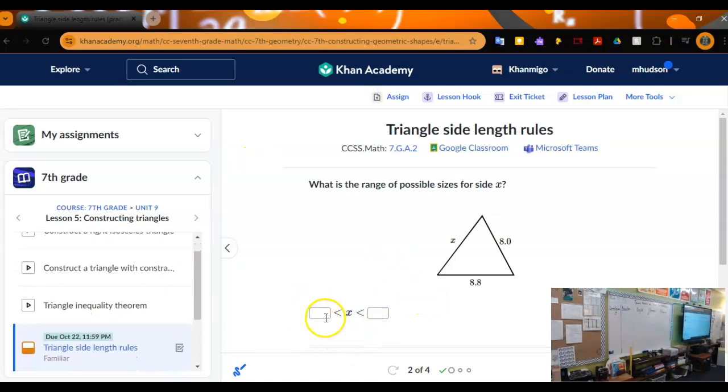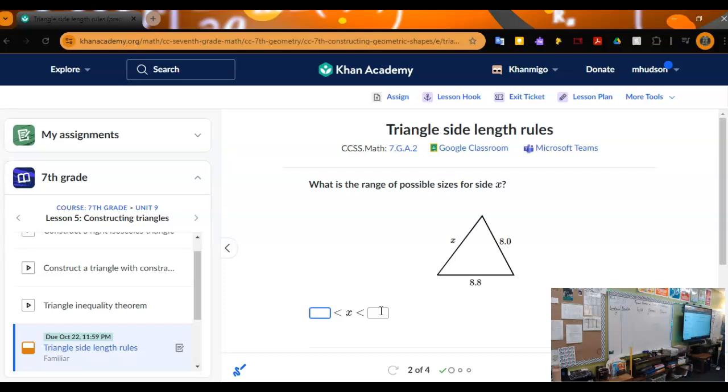I need someone to help me with figuring out how I can get these values, my restriction boundary points. Madeline talked me through one of them. Kyrie talked me through the other. Madeline, do you want to do the lower one or the higher one? The lower one? All right, what do you got? 8.8 and 8.